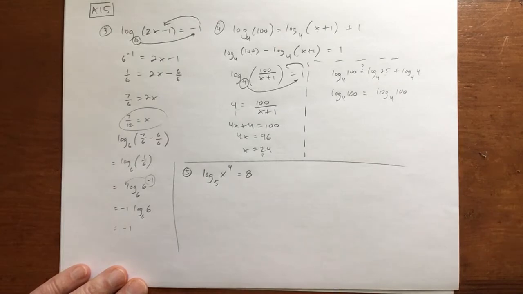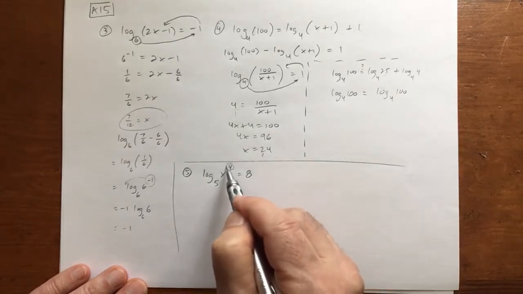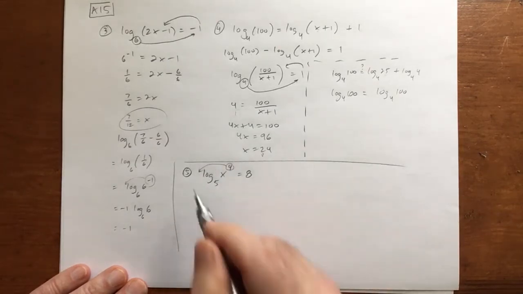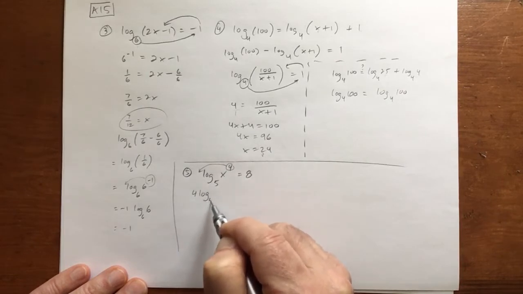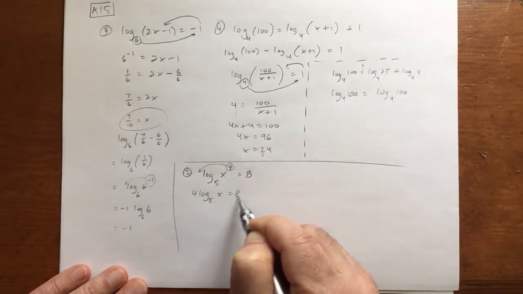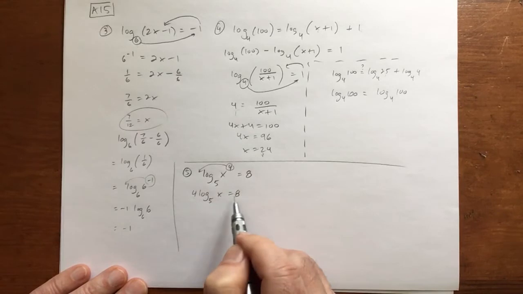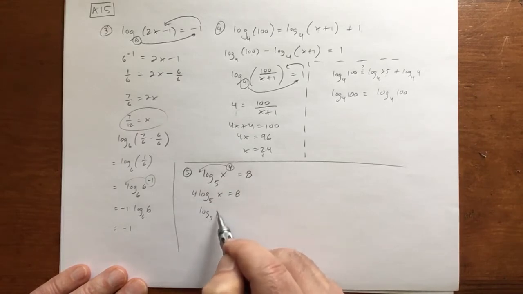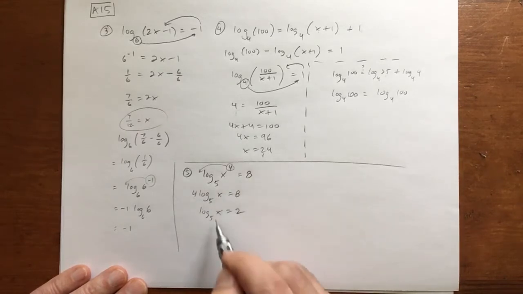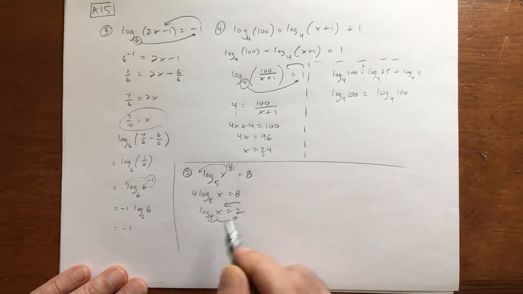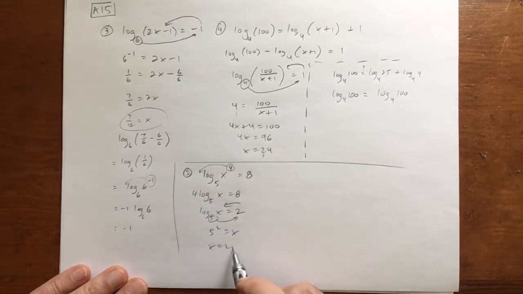But I think an easier thing to do is bring out your exponent as a coefficient. Divide both sides by 4 and change to exponential form. And so I get 5 squared equals x, so x is 25. Very quick answer that way.